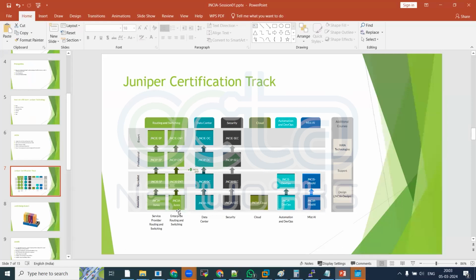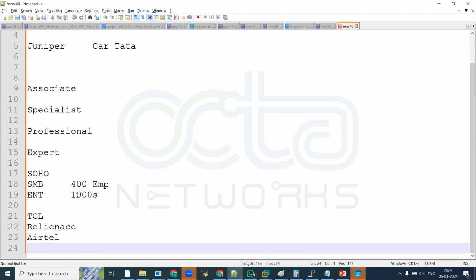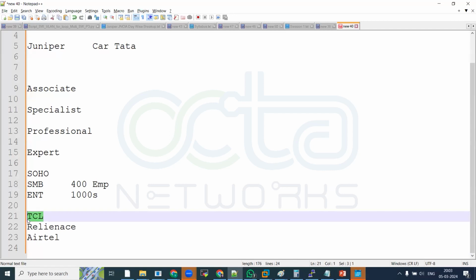What is the difference between enterprise business and service provider business? Enterprise business has clients and servers, right? But service provider companies provide a path to connect these enterprise businesses. For example, Tata Motors needs a connection between multiple branches or plants, so they will take the help of TCL.